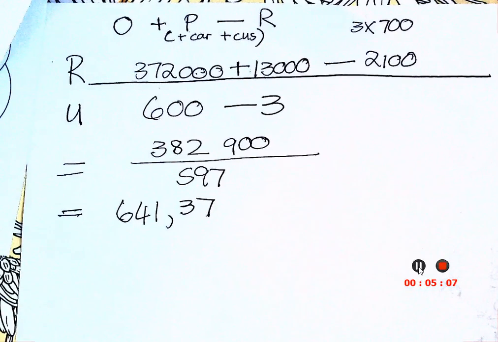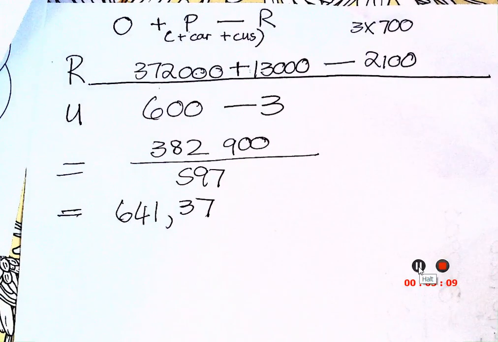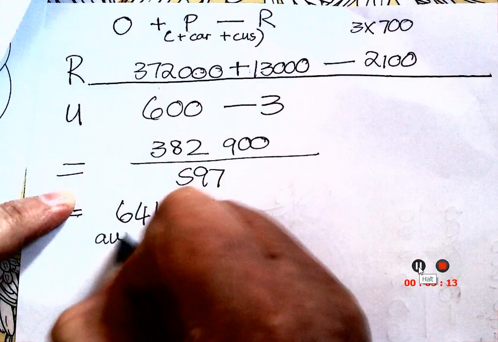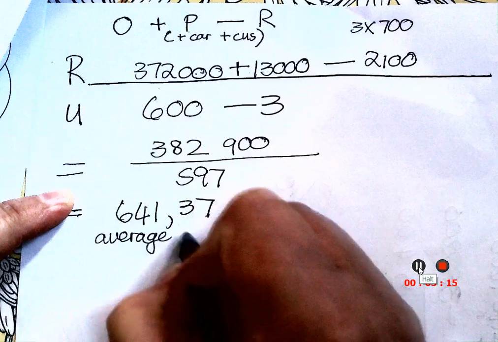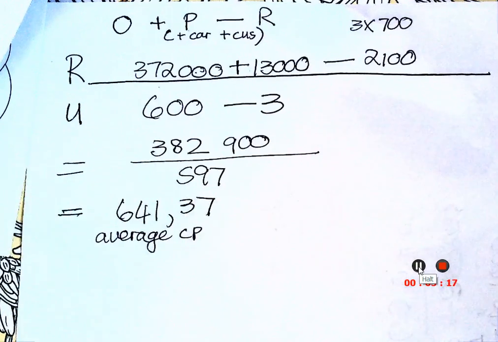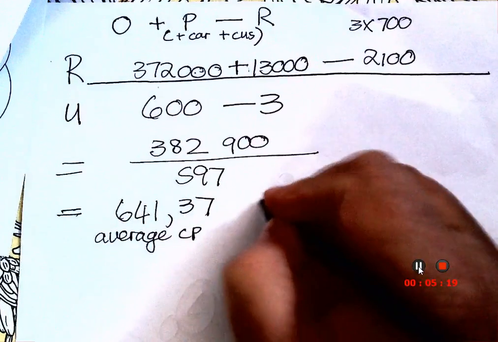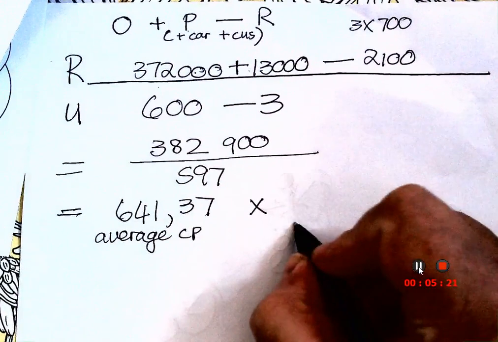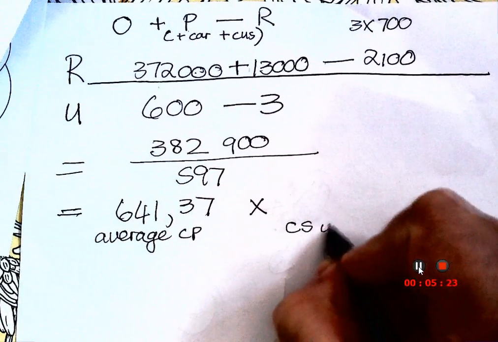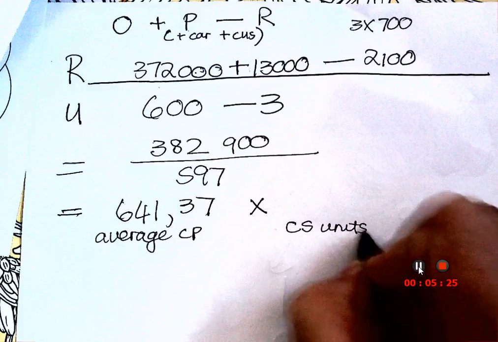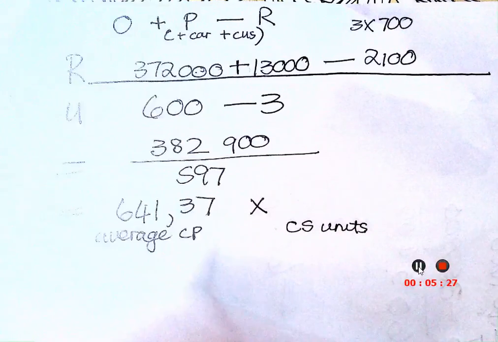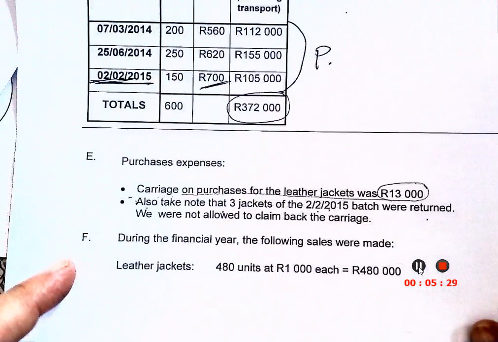Next this. So if I look at this now, this is what I call my average price. This is my average cost price. Okay. And now I want to see what is my closing stock units. How many units didn't sell? And did they tell me?